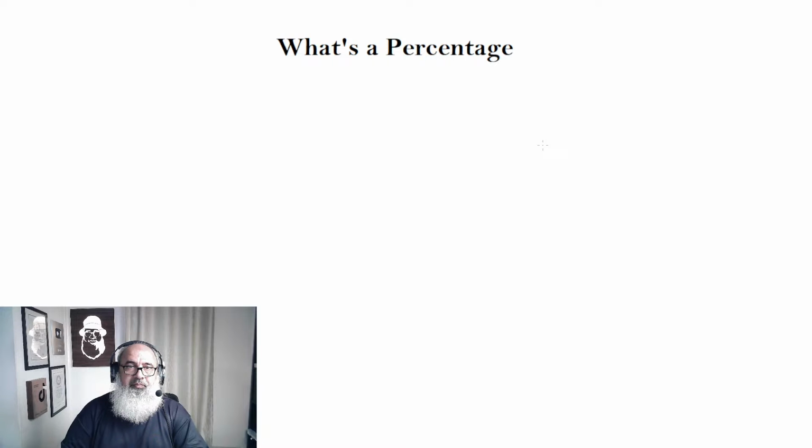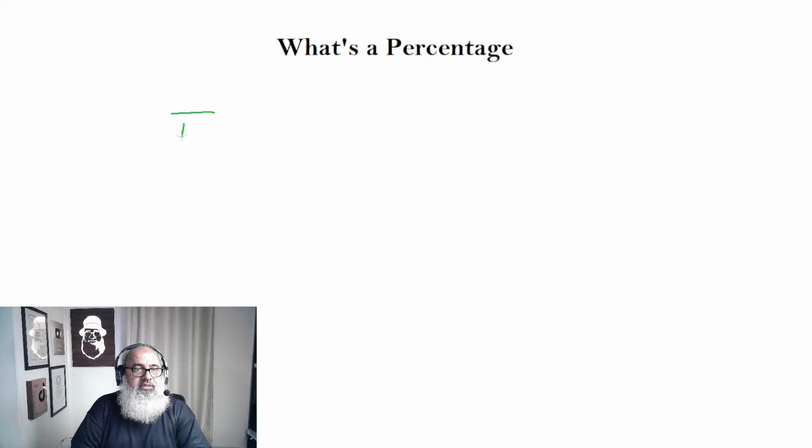Okay. So what is a percentage? Let me start with this: a percentage is simply a fraction where the denominator is 100. It's nothing else, nothing more, nothing less.